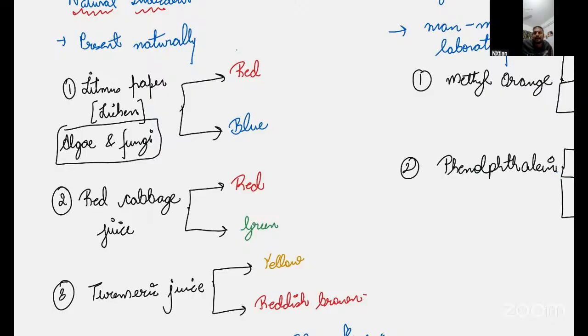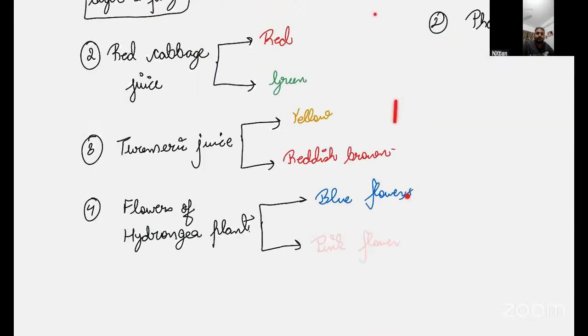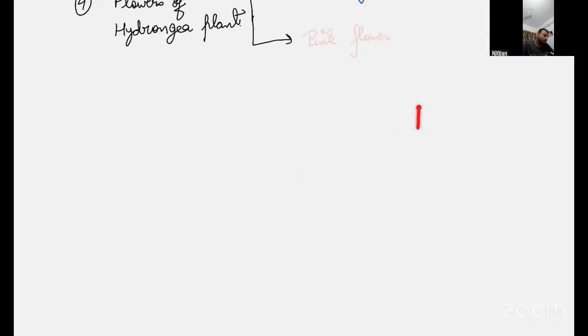We are not adding any chemicals into it. We are using it for testing. So litmus paper comes under natural only. Did you understand?